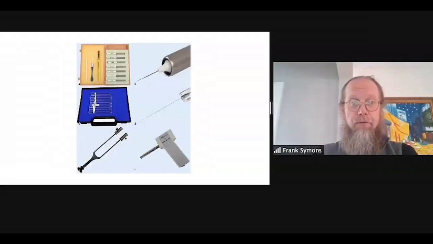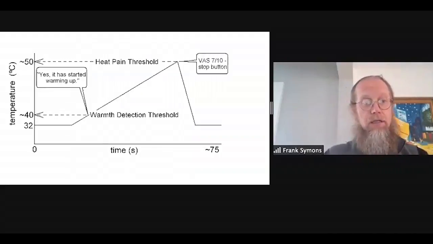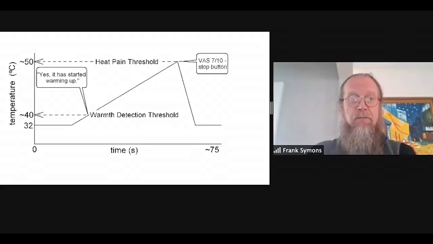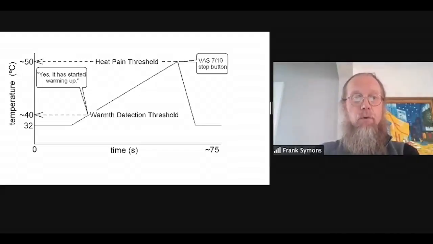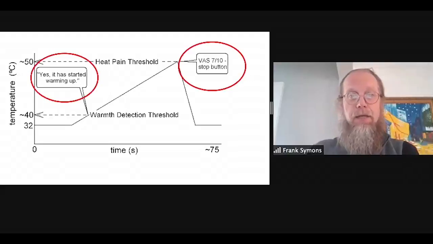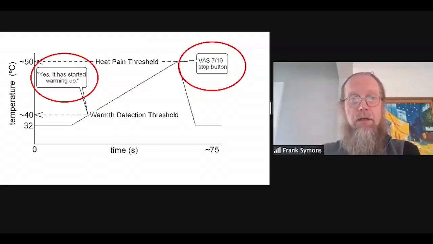And for us, we've taken some of the tools that neurology uses at the bedside, and then we've tried to modify. And the essential logic of this is you're applying a stimulus of known force, in this case it's heat, and you have a person that reports that they can feel it, and then at some point they say it's painful. And so yes, it started warming up, and then on a visual analog scale, the person is pushing a button to say stop, that hurts.